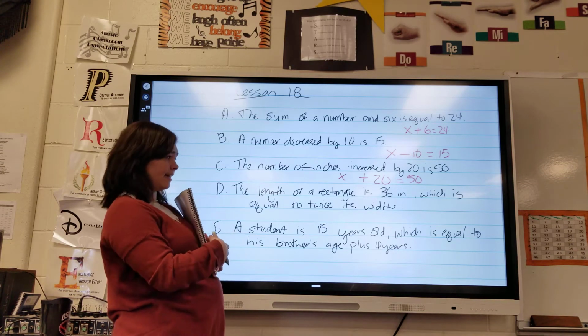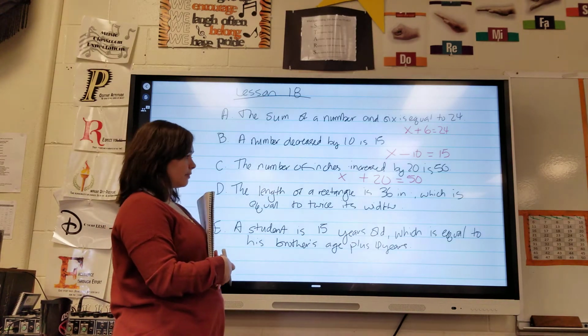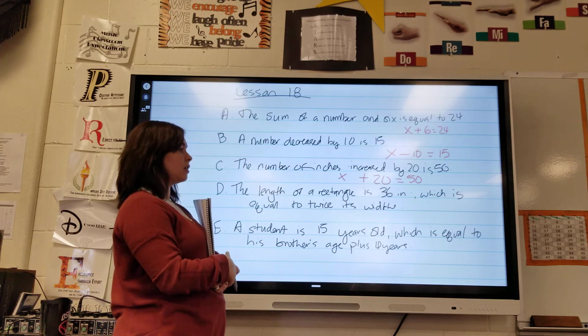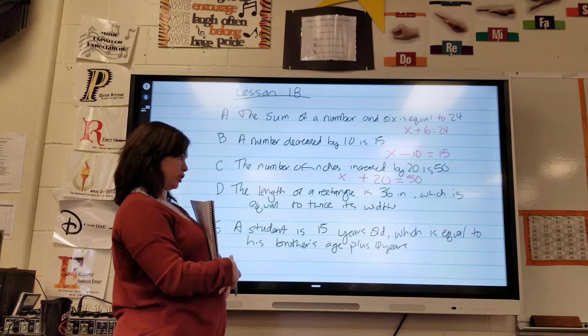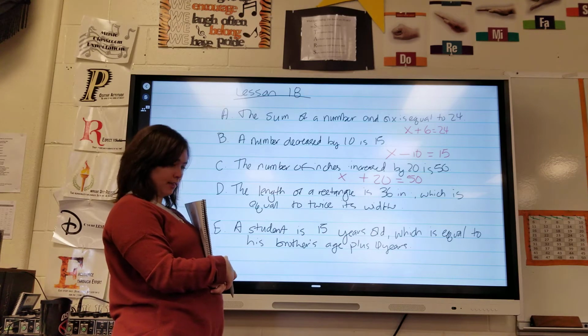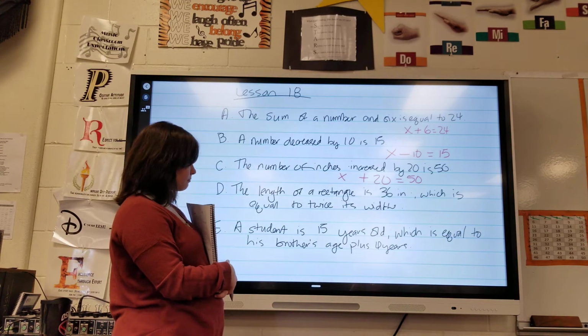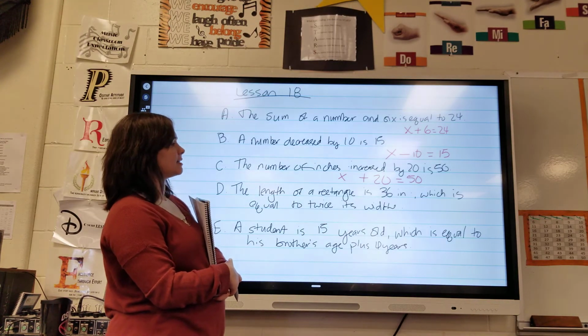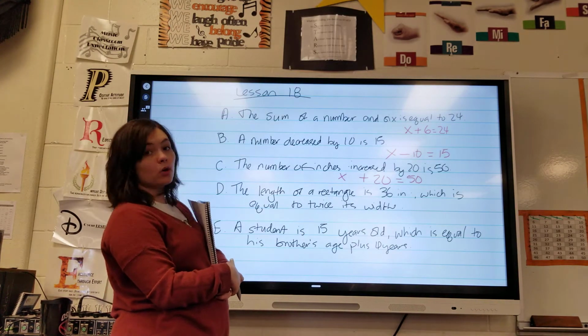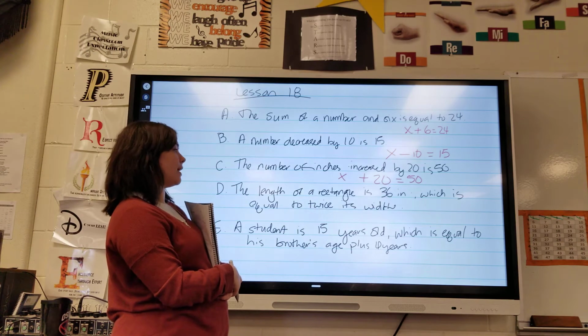D, the length of a rectangle is 36 inches, which is equal to twice its width. The length of a rectangle is 36 inches, which is equal to twice its width.